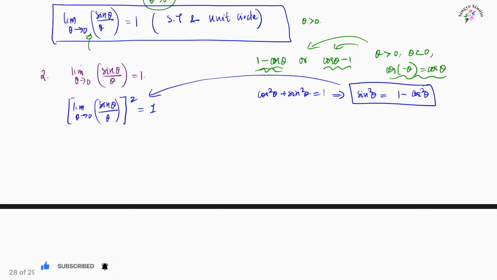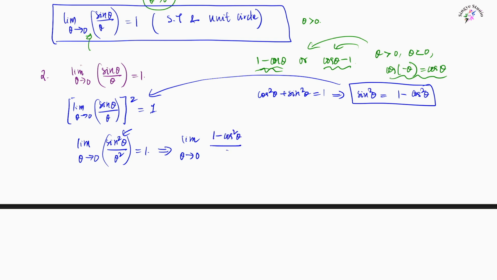We will have the limit as theta approaches 0 of sine squared theta divided by theta squared equals 1. So we can substitute here by 1 minus cosine squared. The limit as theta approaches 0 of (1 minus cosine squared theta) divided by theta squared equals 1. Right.